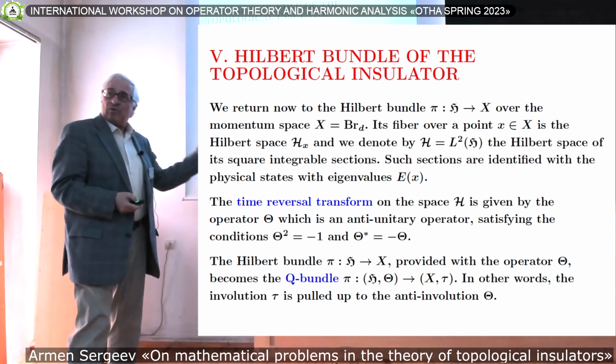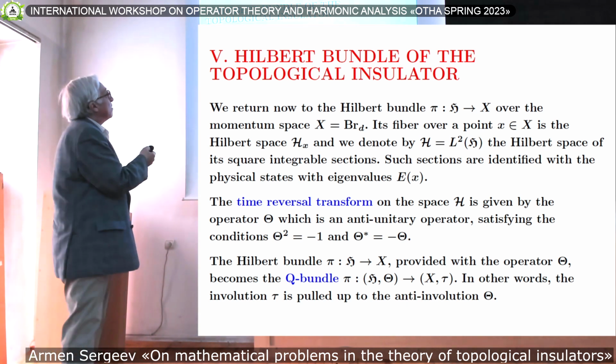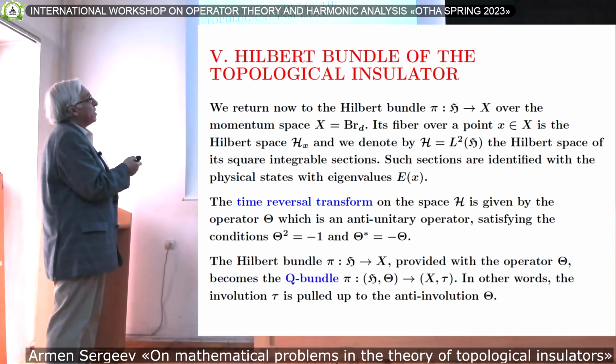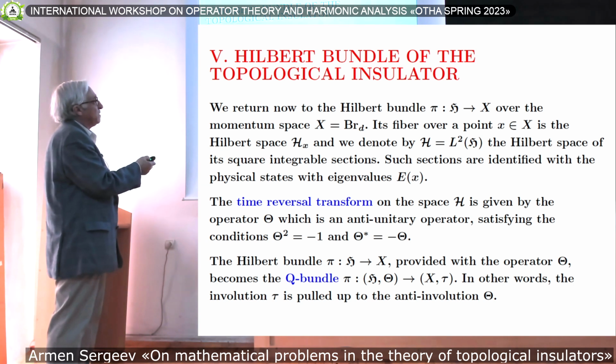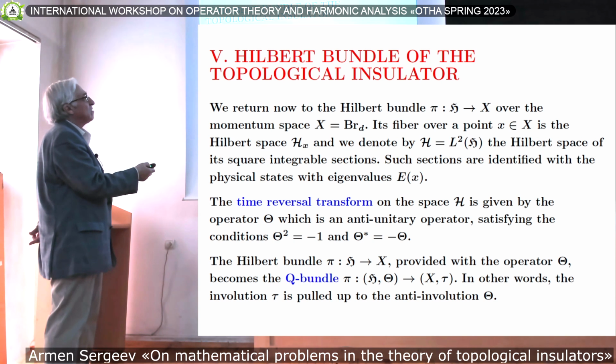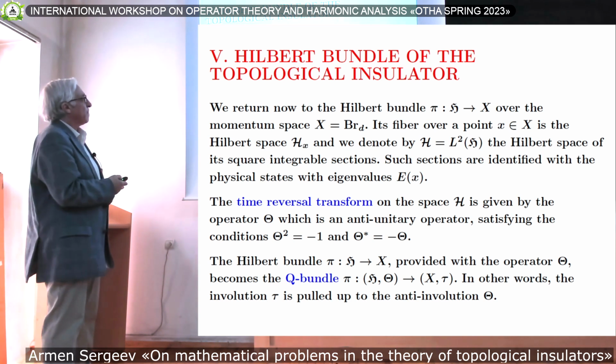Now let us return to where we started, to the Hilbert bundle of the topological insulator. I recall that this is a bundle over the Brillouin zone. The fiber over x is the Hilbert space H_x, and we denote by H the Hilbert space of its square integrable sections. Such sections are identified with physical states with eigenvalues E of x.